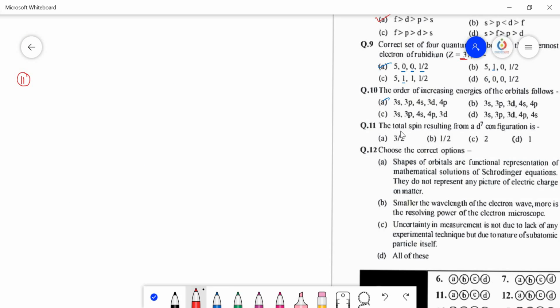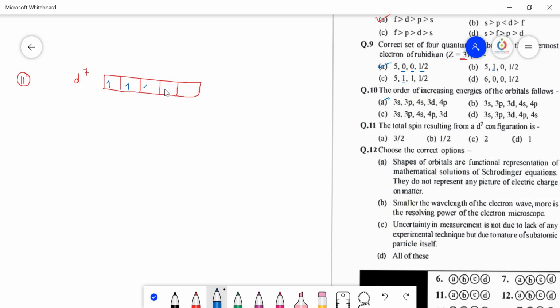Question number 11: the total spin resulting from a d7 configuration is. If you fill the electrons into the various orbitals, the d subshell has 5 d orbitals: 1, 2, 3, 4, 5. Just fill these 7 electrons here.